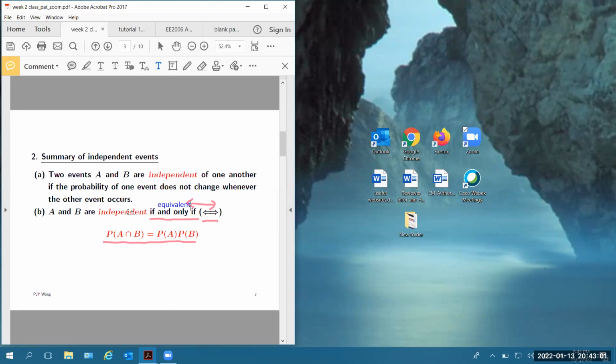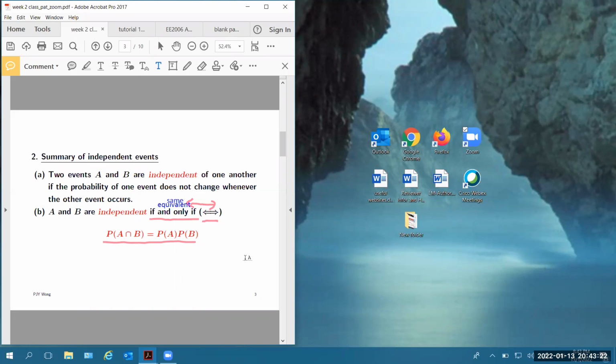So A and B are independent is equivalent to you have this formula. If the word equivalent is too deep, it means the same. So A and B are independent is the same as you have this formula.